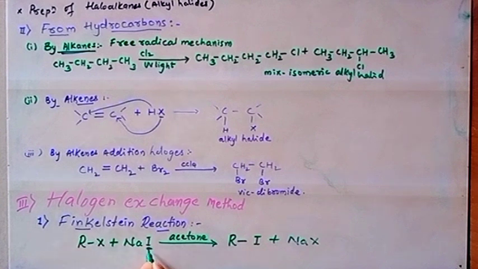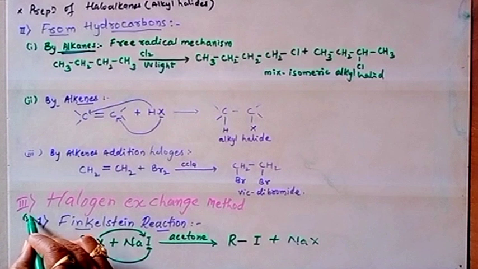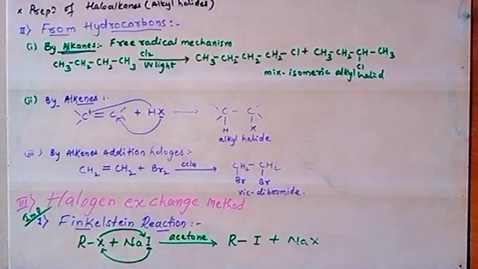Here the iodine displaces the halogen, and the halogen goes to the sodium. So the iodine comes here and the halogen goes there. Iodide attaches to R and the halogen attaches to sodium. This reaction is known as the Finkelstein reaction. It is a very important named reaction for the exam.